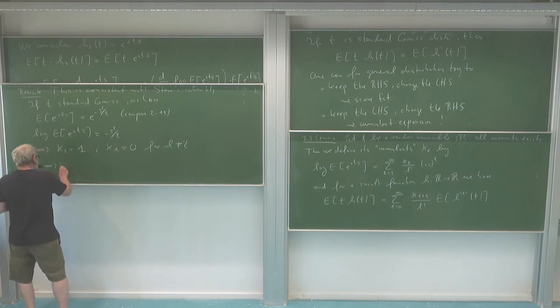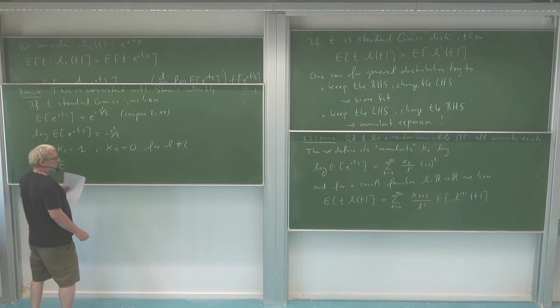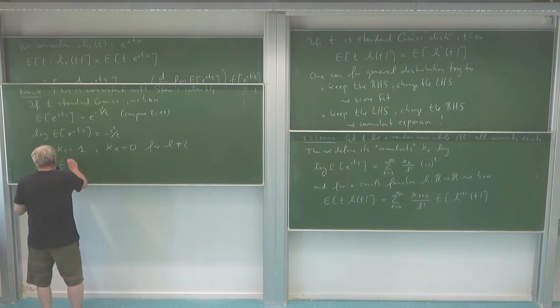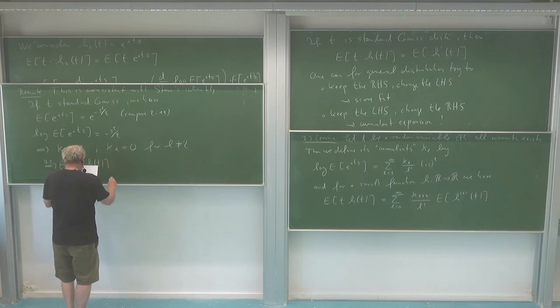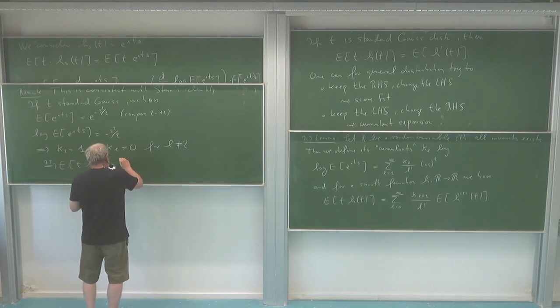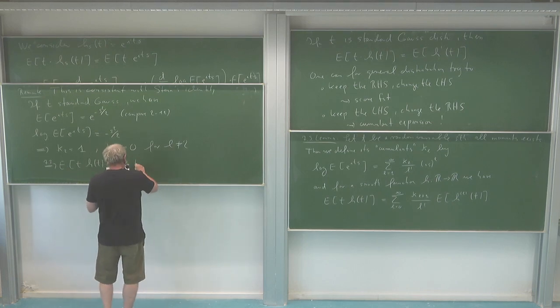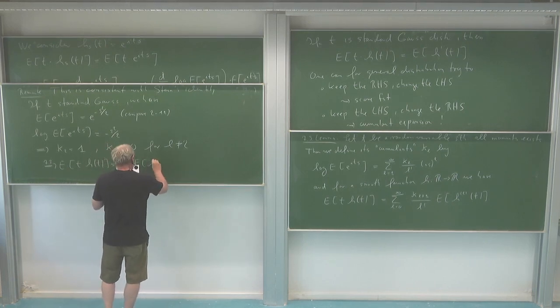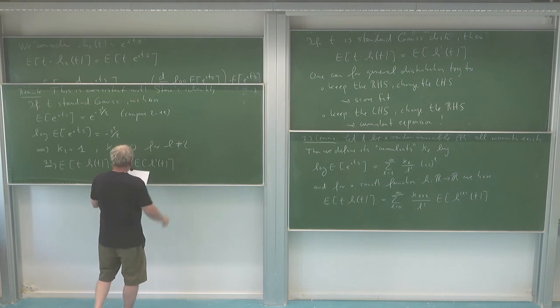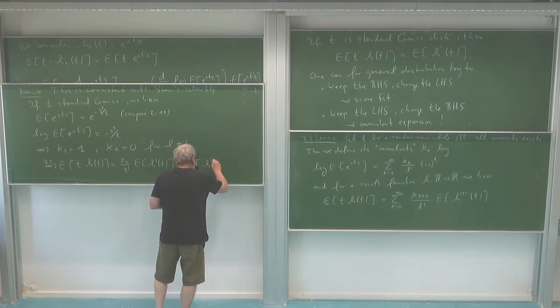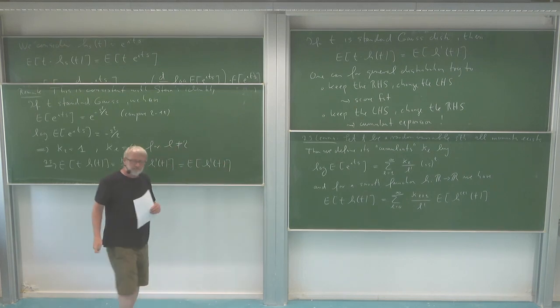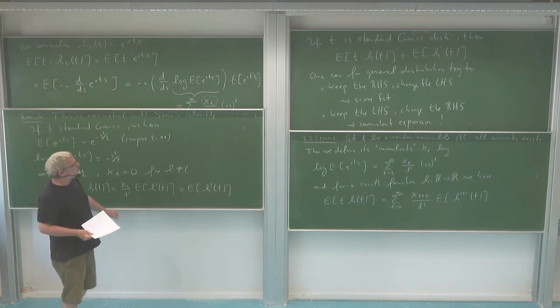So this 7.3, the general cumulant expansion, tells me that the expectation of t times h of t is kappa 2 divided by 1 factorial times the expectation of h prime of t, which is just the expectation of the derivative.